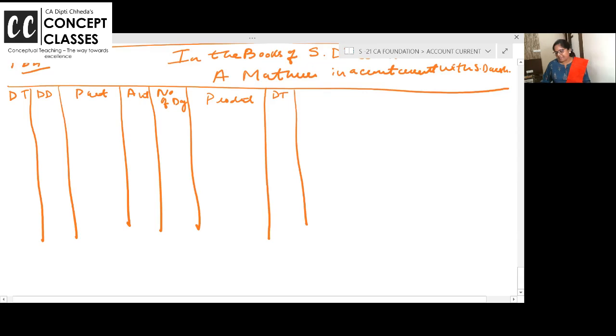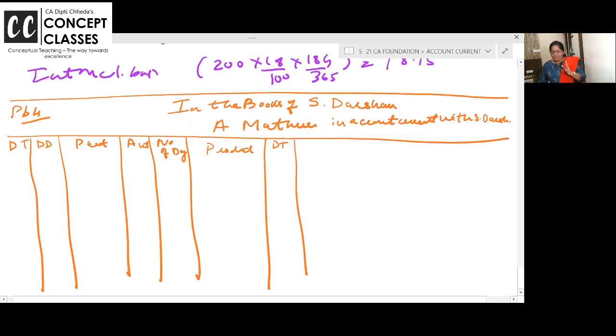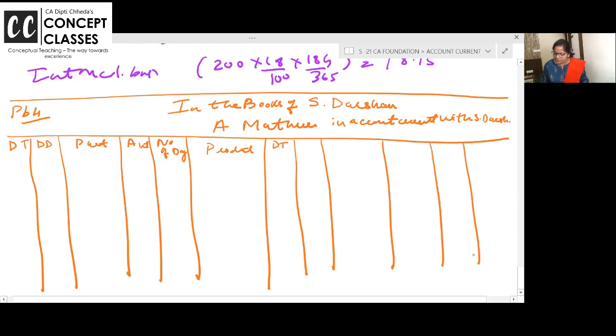Same 6 columns on the debit side, 6 columns on the credit side. Are you all drawing with me? Particulars, amount, date of transaction, due date, particulars, amount, number of days, product.